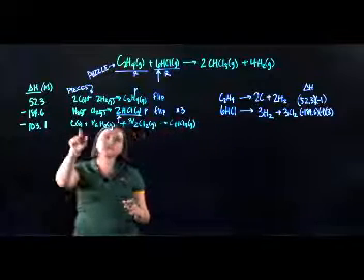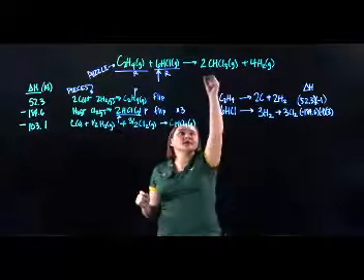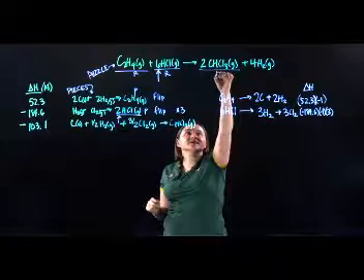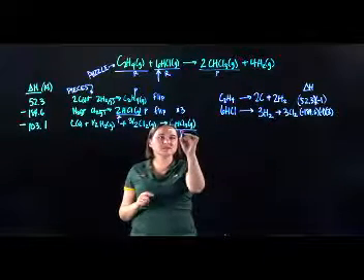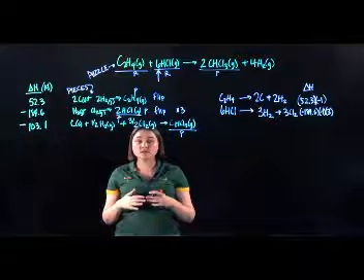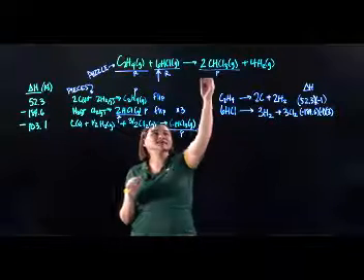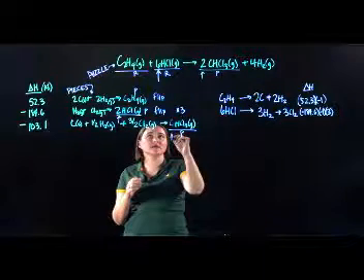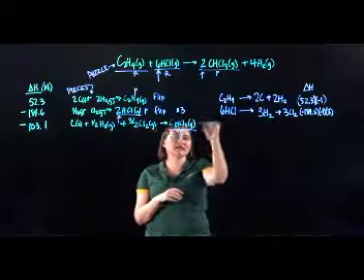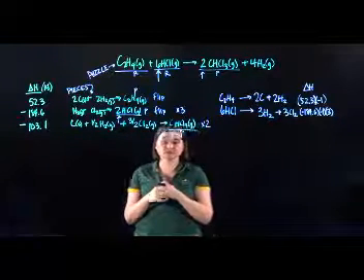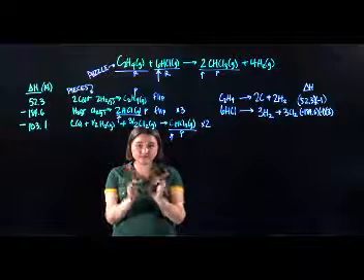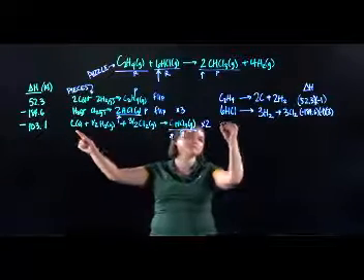Now, what's happening here? Do I need to do anything with this guy? Well, let's go back up here. Here, my CHCl3 is a product, and here my CHCl3 is a product. So that's fine, but I need to note that I have 2 moles of it here, and I only have 1 mole of it here. So I'm going to have to multiply this guy by 2. I do not need to flip it, but I do need to multiply it.